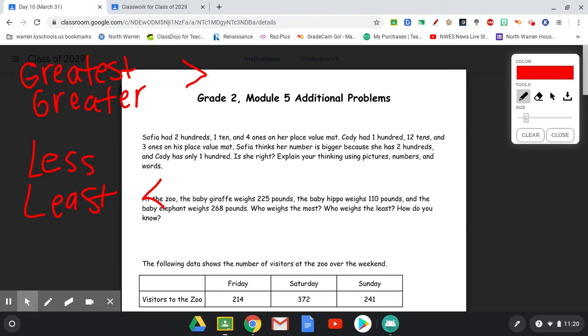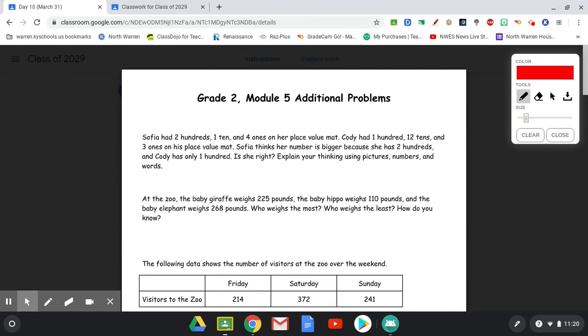Now remember, there can also be some equal to equations, and you would just use the equal sign for those, okay? To determine whether to use the greater than or the less than sign depends on the order of the numbers that you're looking at. So if you have two numbers like 114, and you're comparing that to 232, you need to think about the order of the numbers.